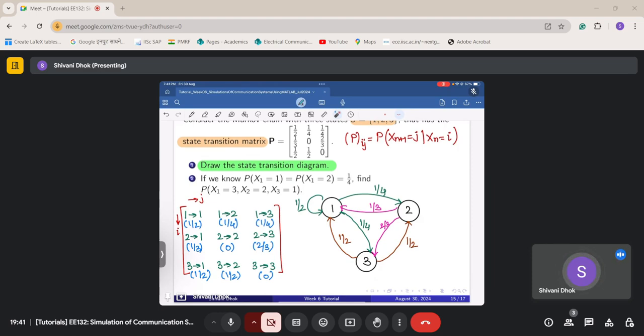So this is basically your state transition diagram. Just to complete, there is no need to draw this branch. This is with 0 probability, and similarly, remaining at state 3 is also with 0 probability. So you don't need to draw this. Okay, so this is your state transition diagram.